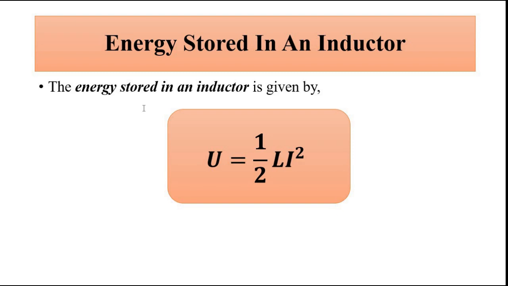In inductors, energy is stored in the magnetic field, and the expression of stored energy in the magnetic field of an inductor is equal to 1 by 2 L I square. In case of capacitors it was 1/2 C V square, here it is 1/2 L I square. L is the value of inductance of the coil or the conductor, and I is the current flowing through it.